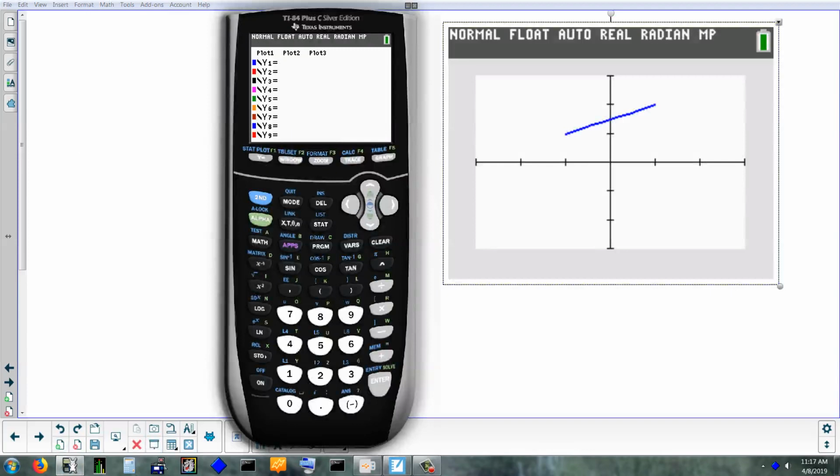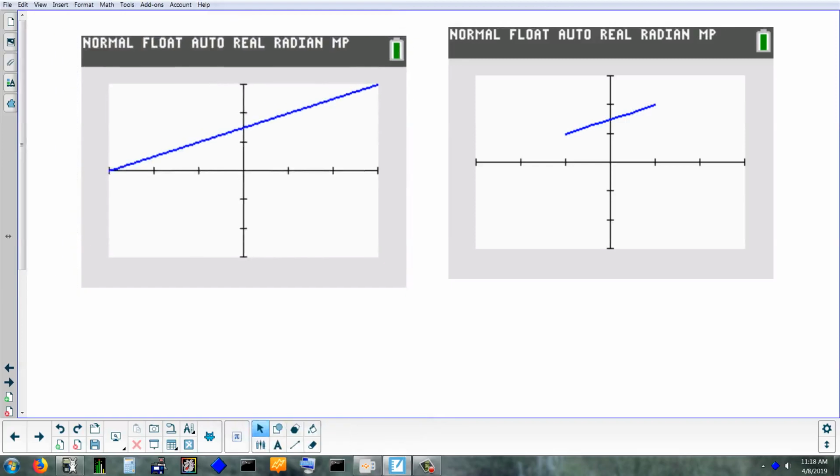And what was it again? 1/2 x plus 3 halves. I'll just do 1.5. Now, in order to compare this accurately, you need the same window. Same window on the left and on the right. And I have the same window. Do those pictures look the same?